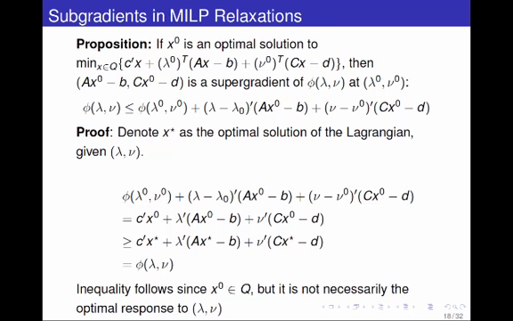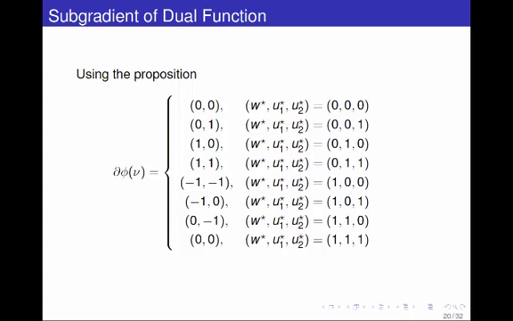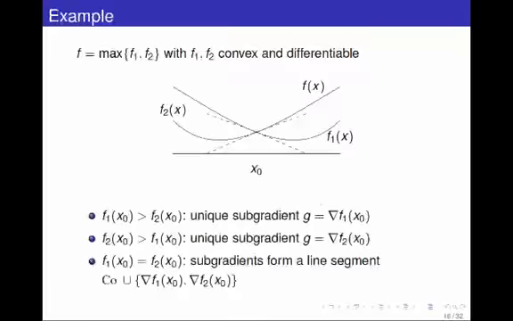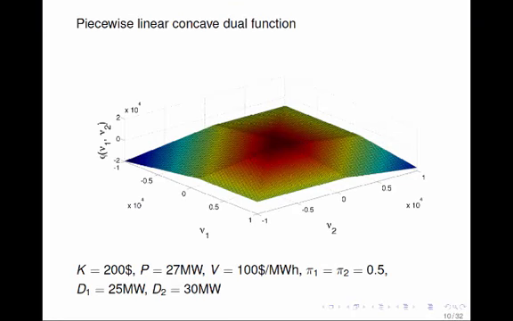In two-dimensional space, actually I have an example of that over here. If you remember the dual function of the stochastic unit commitment problem, let me refresh your memory. It's something like this in two-dimensional space.